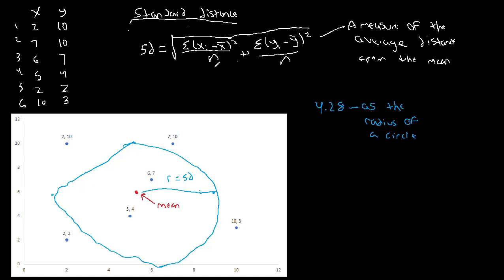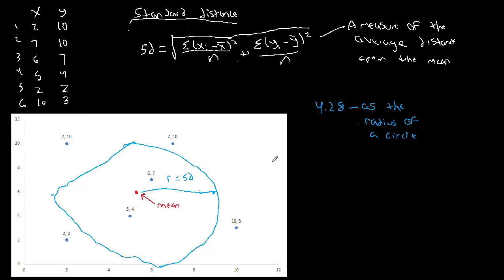To recap, the larger the distance, the more the points are spread out across the area, the larger the standard distance would be, the greater the radius of the circle would be, and the larger the circle would look when you look at it on a map.